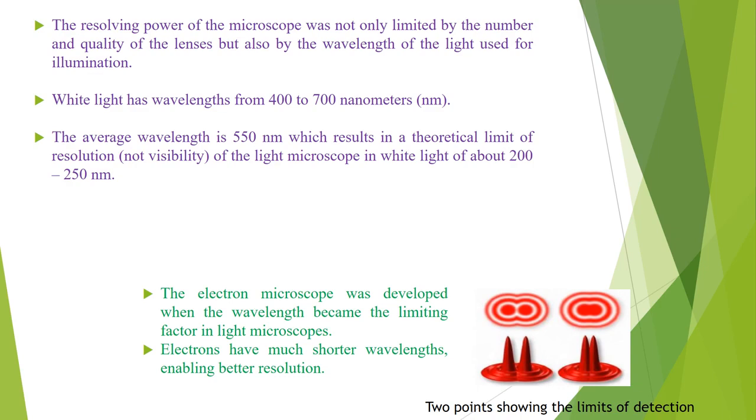The average wavelength is 550 nanometers, which results in a theoretical limit of resolution of the light microscope in white light of about 200 to 250 nanometers. The figure below shows 2 points at the limits of detection, and the two individual spots can still be distinguished.